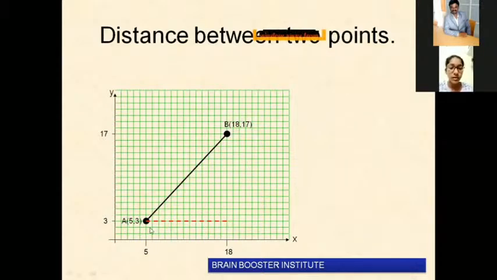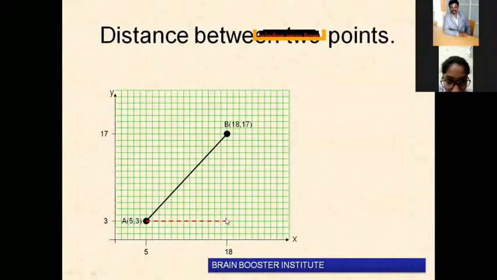Here is a line, the red line. We need to find the distance of this line. So how can we find the distance of this line? We need to count all the boxes here. Just count from the y-axis: 1, 2, 3, 4, 5, 6, 7, 8, 9, 10, 11, 12, 13, 14, 15, 16, 17, 18.